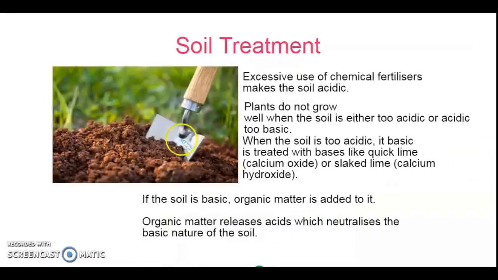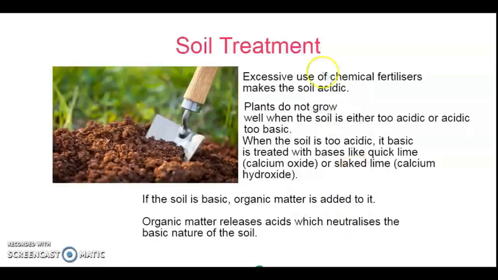The next is soil treatment. The soil cannot have excess of acid or base. When it has excess of acid or base, it harms plant growth. Due to the use of excessive chemical fertilizers, what happens? The acidity in the soil increases and the plants do not grow well.